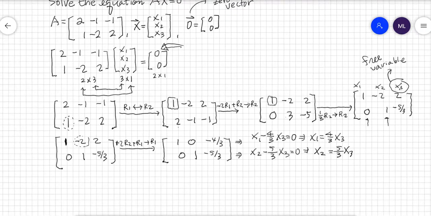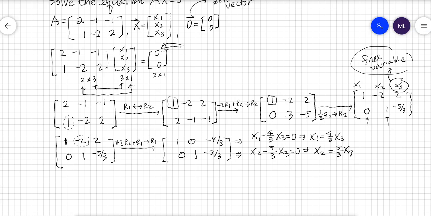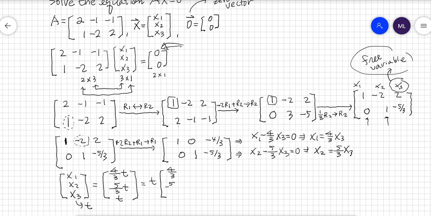So like I said, x3 is a free variable. So if I write in vector form, I say x3 is t, so it'd be 4 over 3 t, this is 5 over 3 t, that is t. Now take that t outside. It's going to be 4 over 3, 5 over 3, and 1.